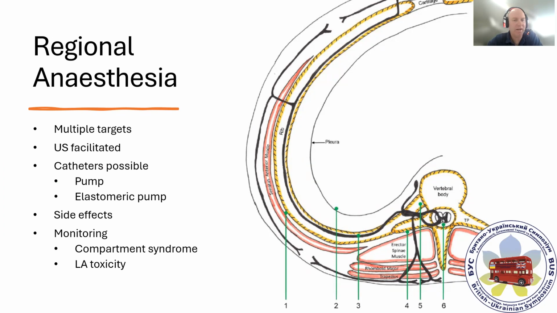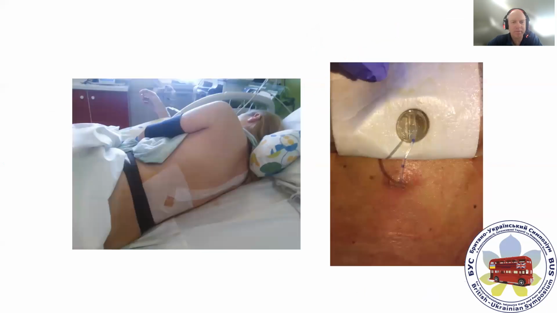We advocate for catheters where possible, and have various programs on our pumps to deliver local anaesthetic. But we cohort these patients on our surgical wards, 2 or 3 surgical wards, so that we can monitor for side effects and ensure we're not risking compartment syndrome, etc., and local anaesthetic toxicity.